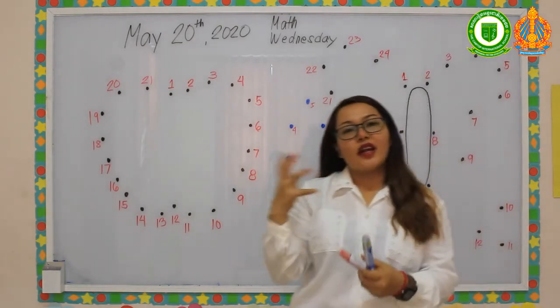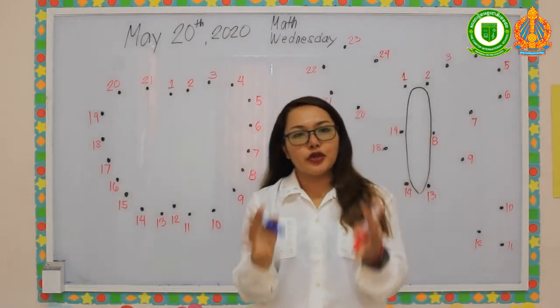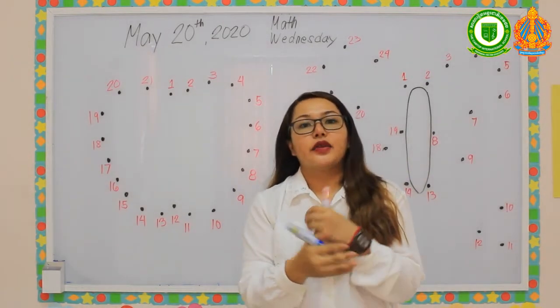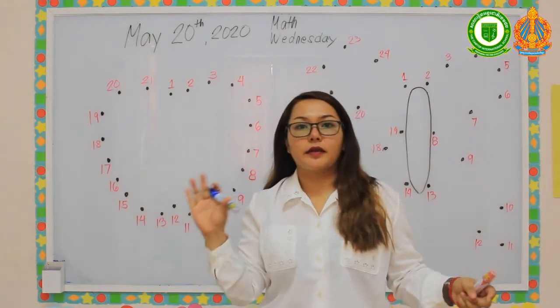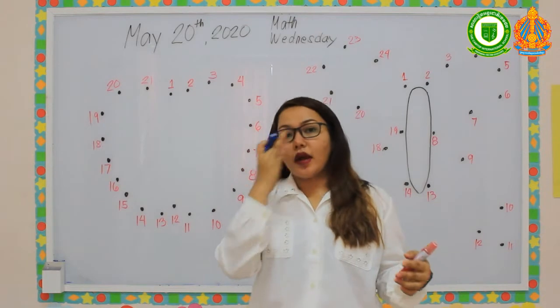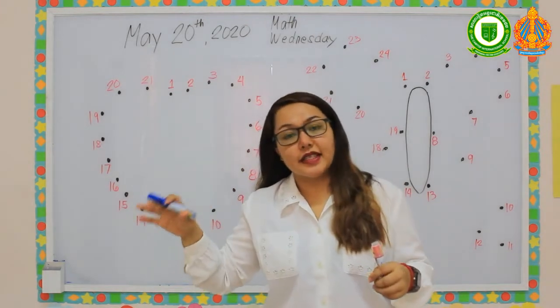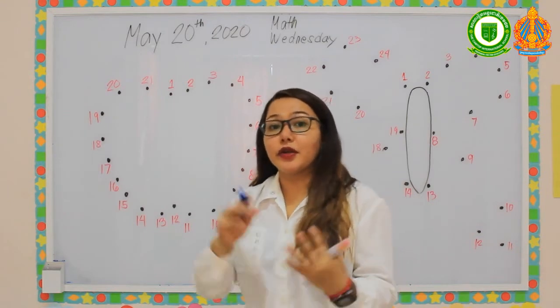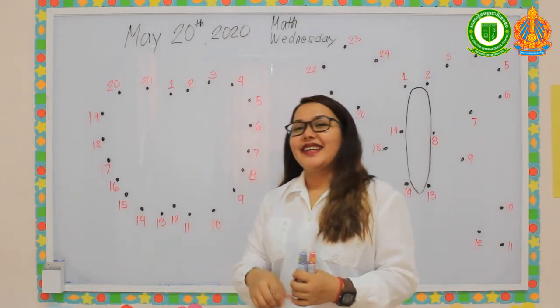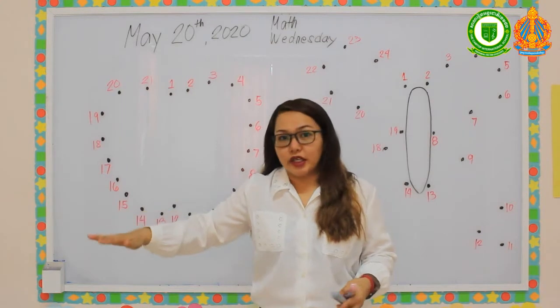This is quite complicated, but I want to show you that you need to follow the numbers, even whatever the picture looks like. I just want you to follow the numbers, because this is also one way for you to practice and remember your numbers in the correct order, okay?